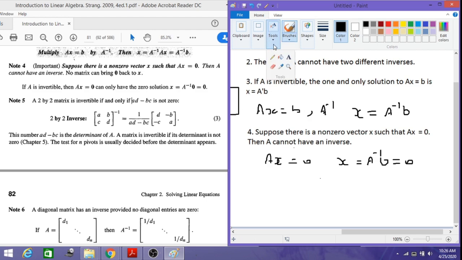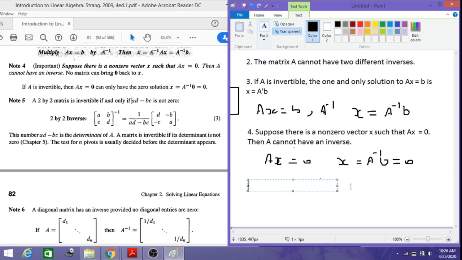So the fifth point is a 2 by 2 matrix is invertible if and only if AD minus BC is not 0.